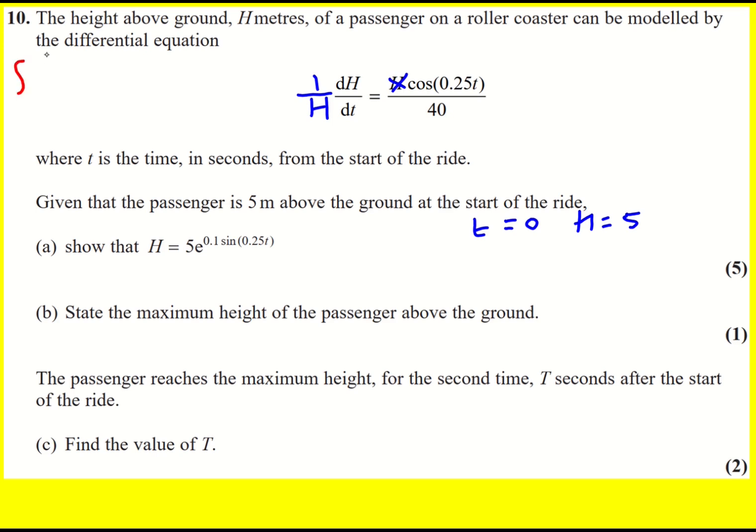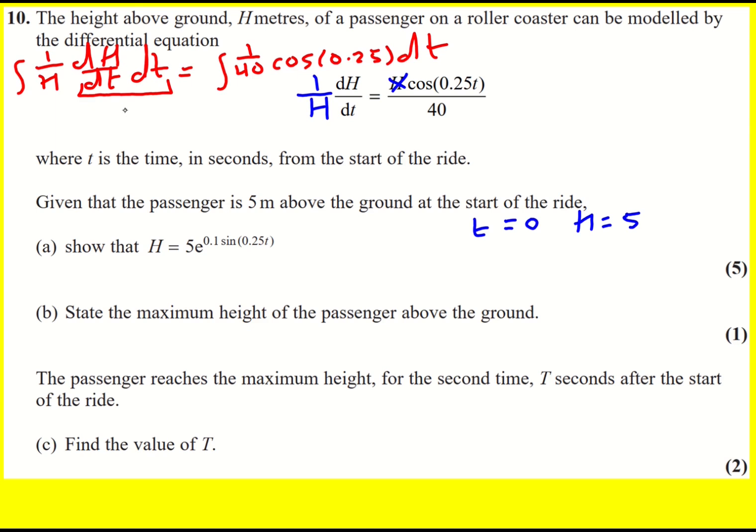Two different approaches from here. You can either consider integrating both sides with respect to t, and then use the chain rule to say, you know what, this is simply dh.